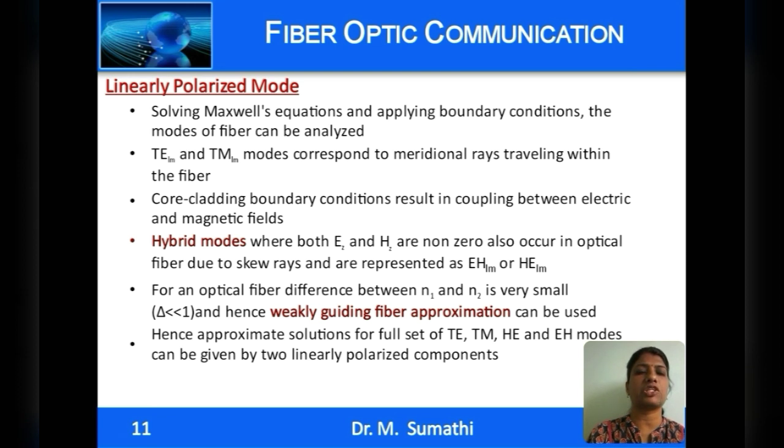That is, the guiding nature of the fiber is very weak. That is called weakly guiding fiber approximation. Under these conditions, the electric and magnetic fields can be considered to be transverse and they are linearly polarized. So, irrespective of the fields, whether they are TE, TM, HE or EH, they degenerate into linearly polarized components.